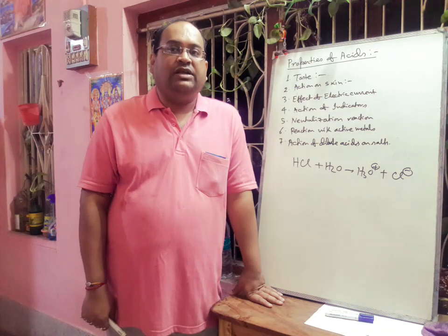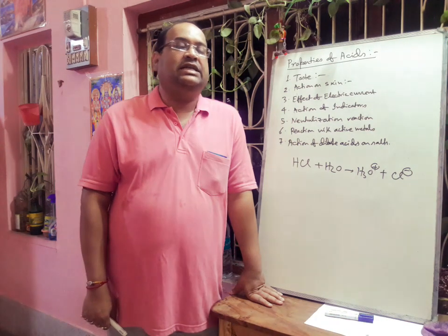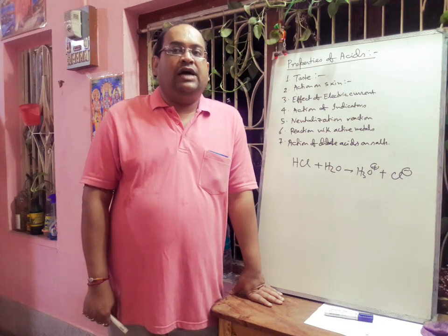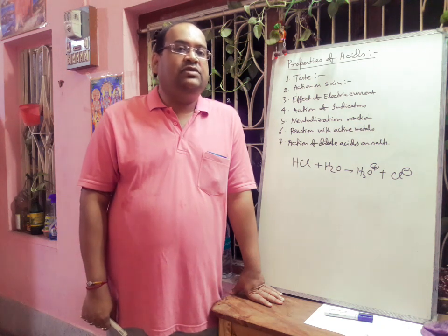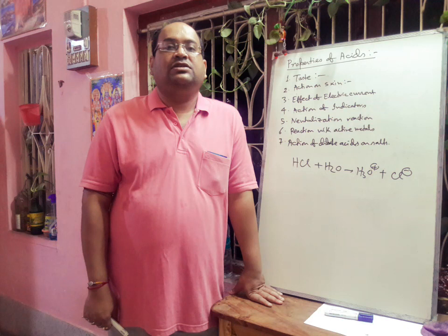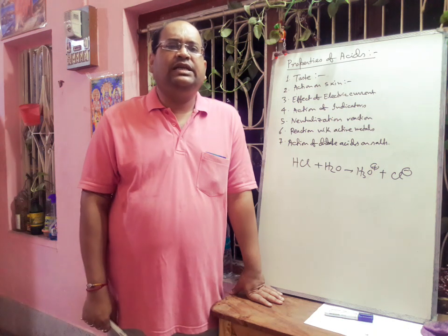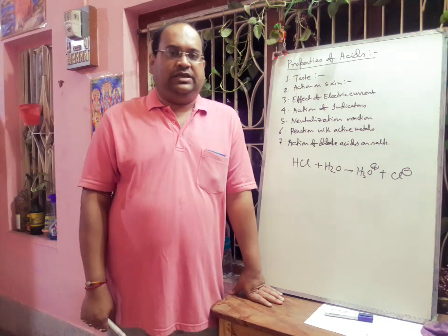Methyl orange turns orange to pink in acid solution. Universal indicator, that is a mixture of organic dyes, will turn red in acid solution. So in acid solution, different indicators will show different colors. From there we can easily judge whether the solution is acidic or basic.